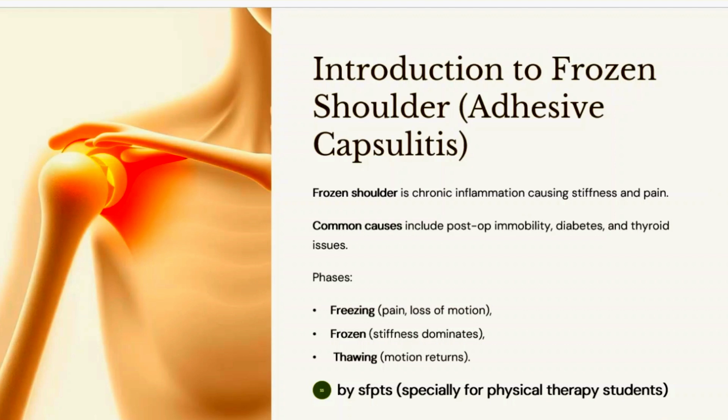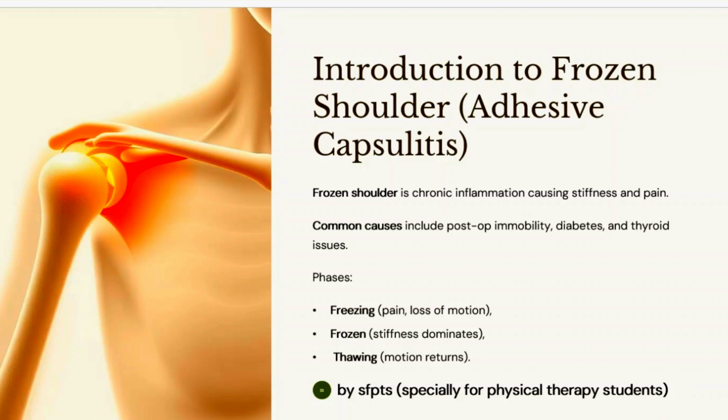This is majorly the capsular pattern. The first range that is affected in the patient's joint is external rotation, after that abduction, and after abduction, internal rotation. Okay, remember that. That is very important to remember.